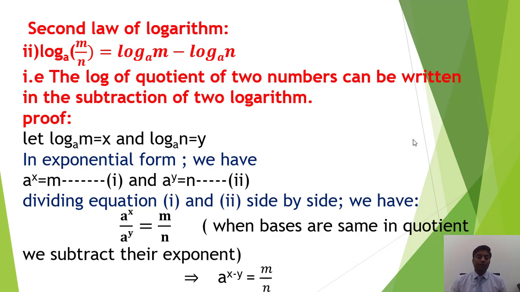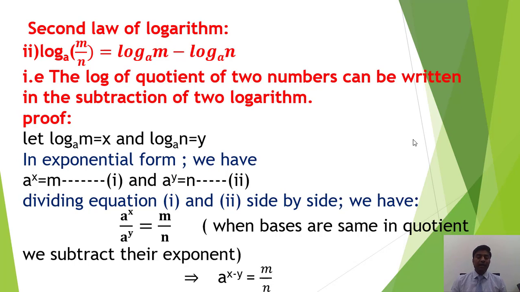In exponential form, we have a raised to power x equal to m, and a raised to power y is equal to n. Dividing equation 1 and 2 side by side, we have a raised to power x divided by a raised to power y is equal to m divided by n.